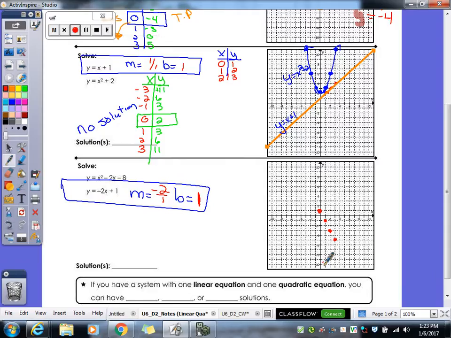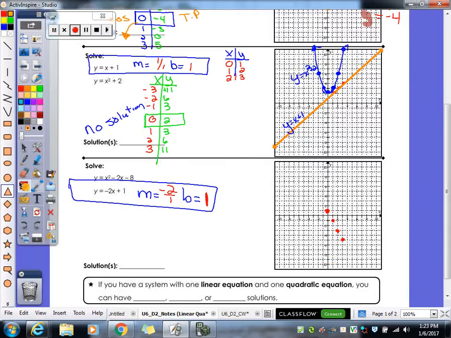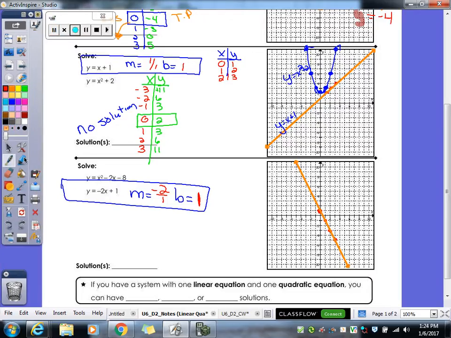Get your straight edge. This one you have to be very accurate on. There you go. And then put your parabola in here, or your quadratic.